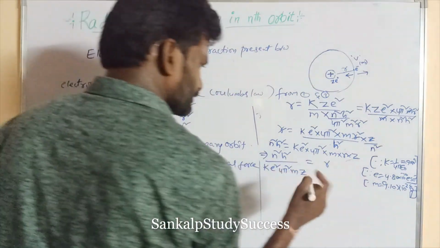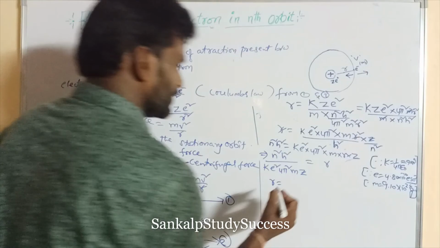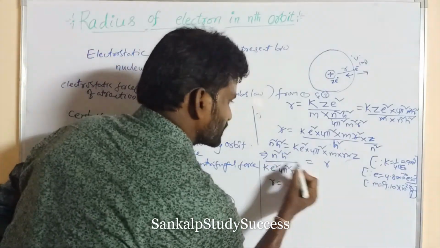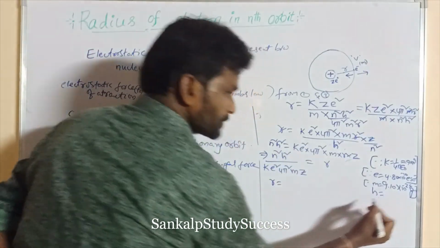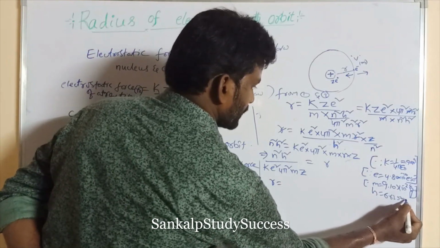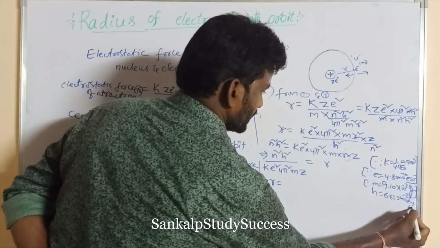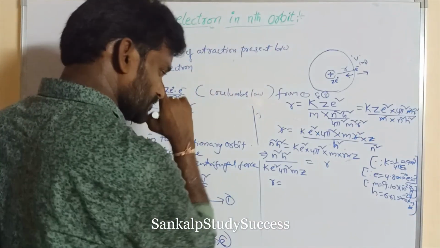Now substitute these values. So R is equal to h value. What is the h value? h is equal to 6.625 into 10 to the power of minus 27 erg second.